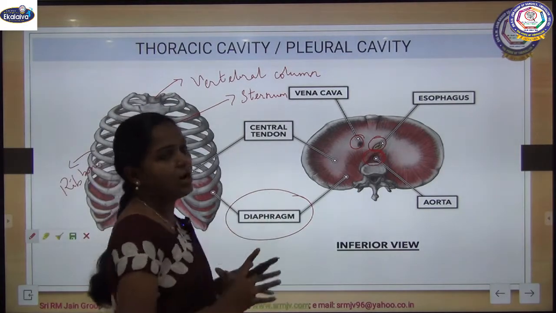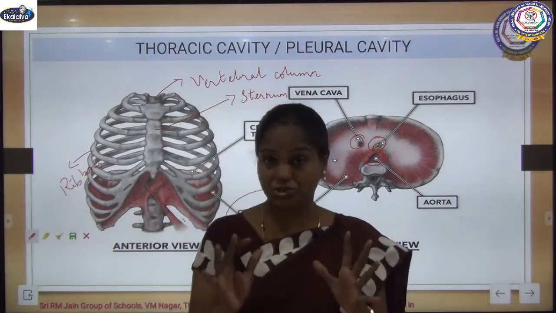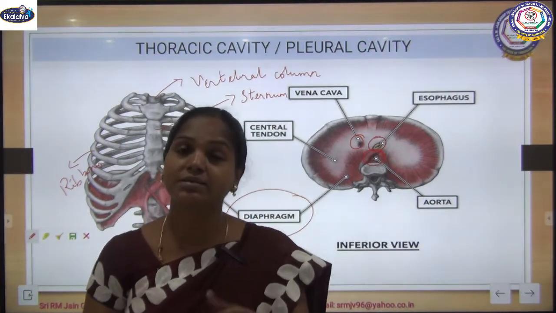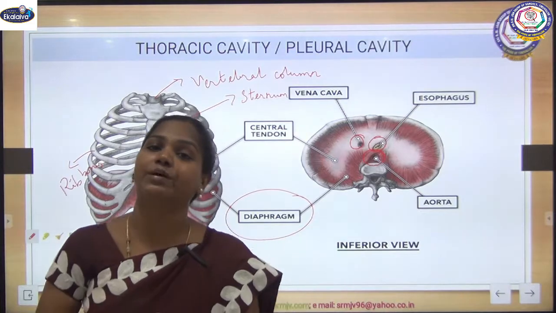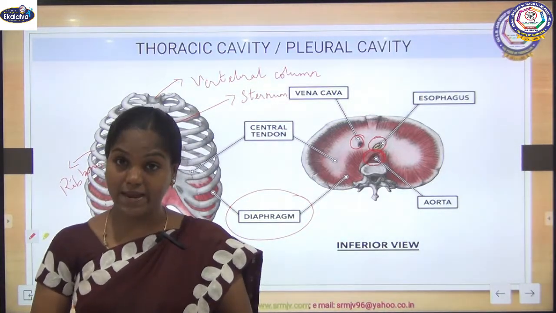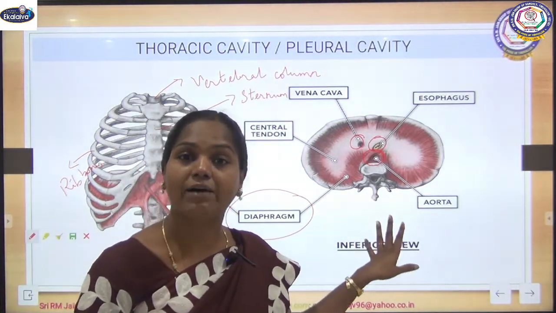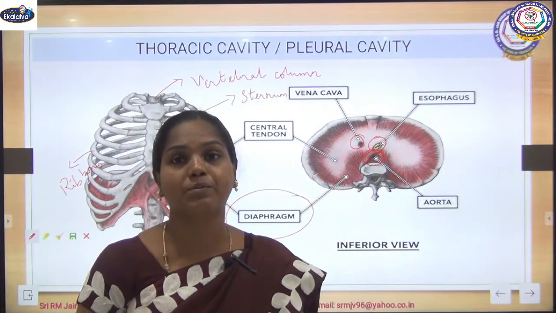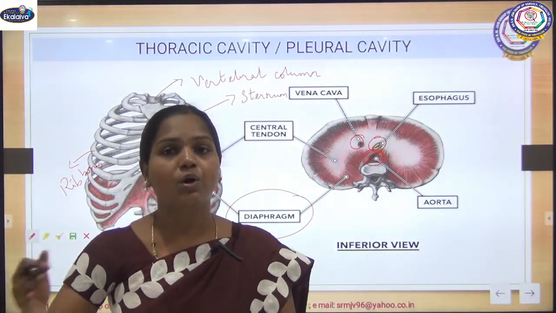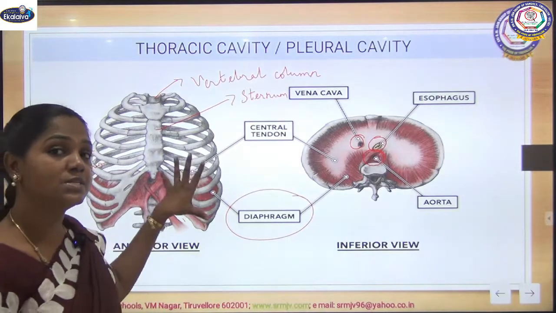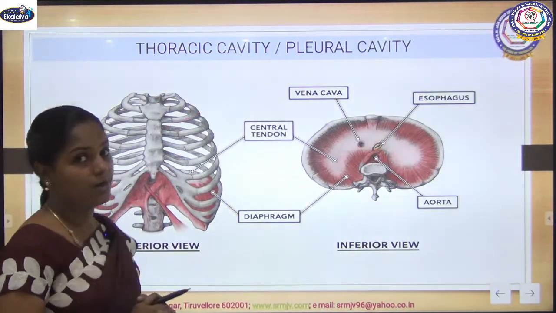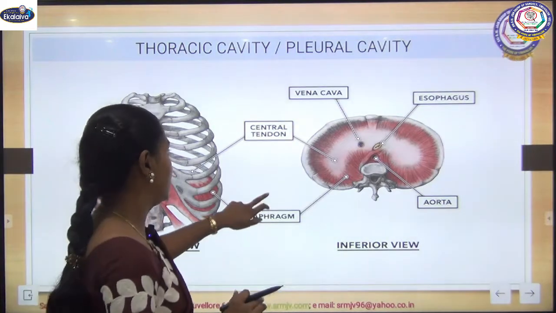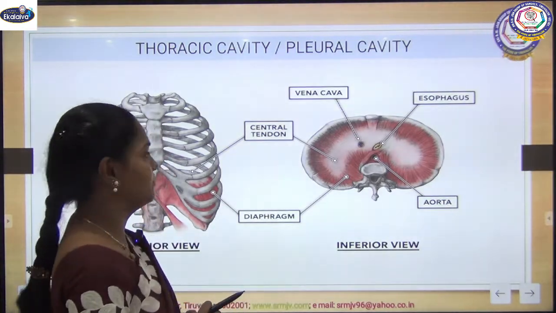Structurally it is present like this, and functionally it separates our thoracic cavity from the abdominal cavity, and it also has an important role in the process of breathing. We'll see that in our next part. So this is about the location of our lungs, and how our lungs are well protected in our thoracic cavity.